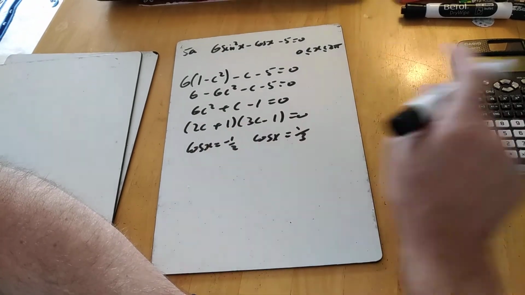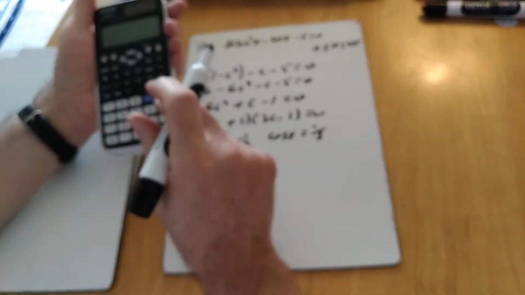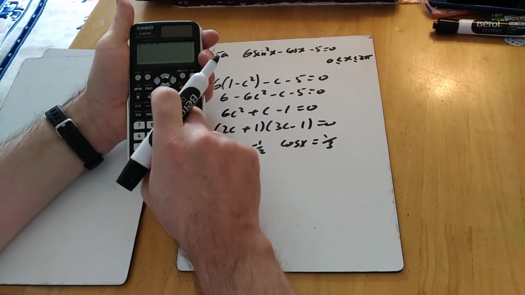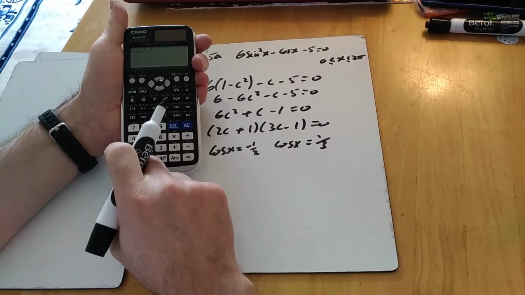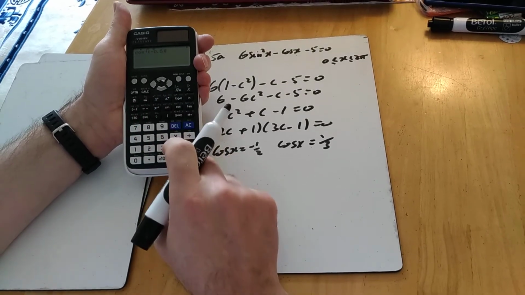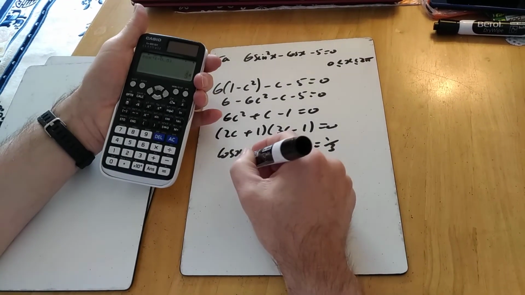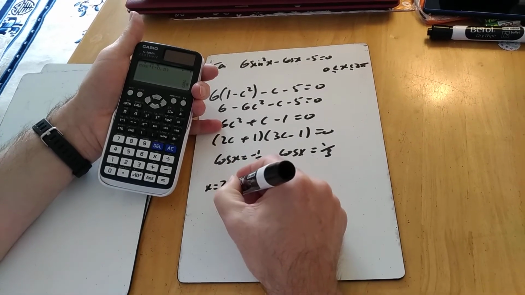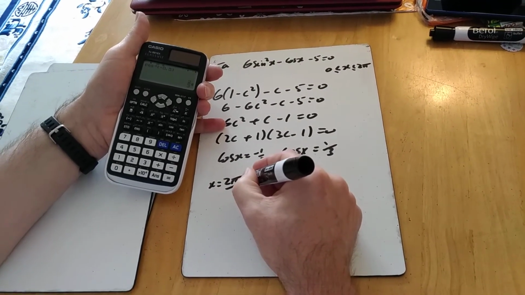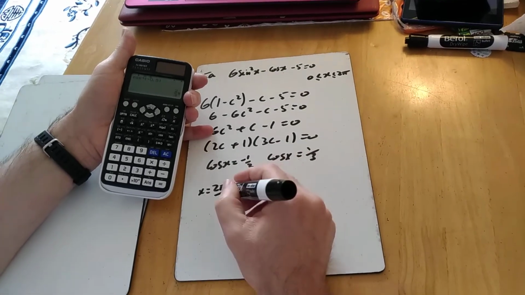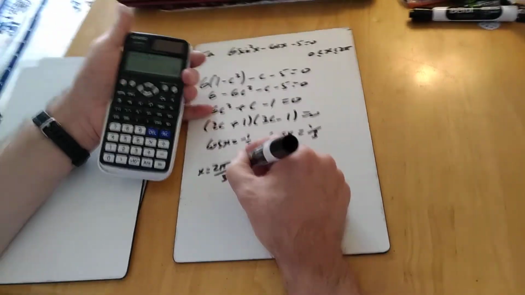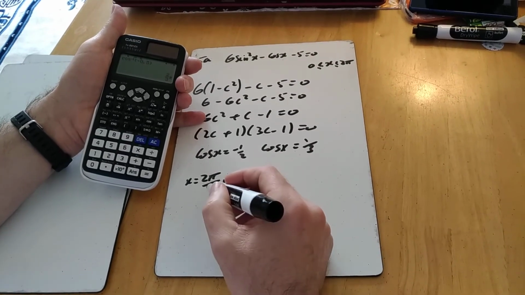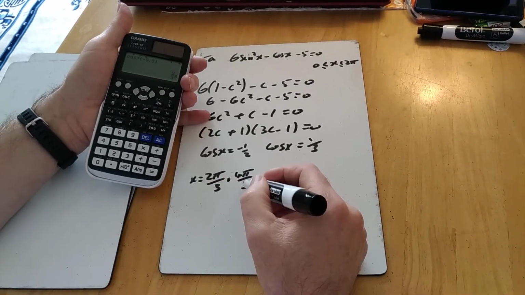So cos x is minus a half. In case I'm not sure, I'll make sure my calculator is in radians, shift cos of minus 0.5 equals 2 pi over 3, and 2 pi minus that, 4 pi over 3. So I've got an obtuse angle and a reflex angle.